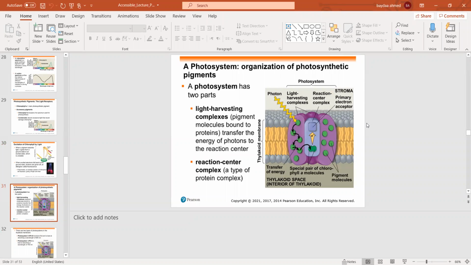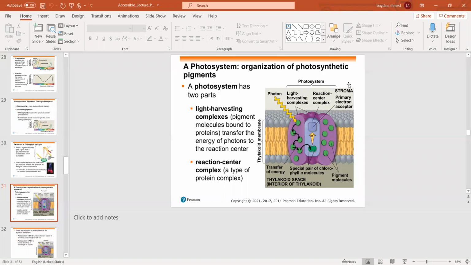In their native environment of the thylakoid membrane, chlorophyll molecules are organized along with other small organic molecules and proteins in a complex called a photosystem. A photosystem is composed of a reaction center complex surrounded by several light harvesting complexes.